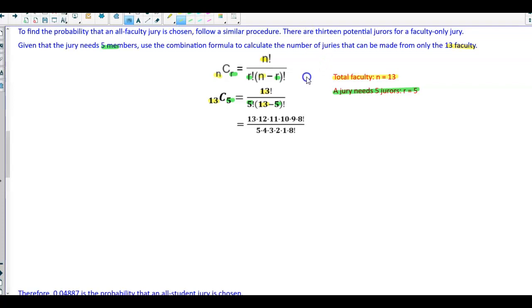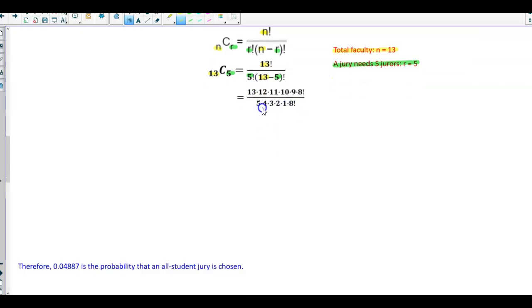Okay, so we have 13 times 12 times 11 times 10 times 9 times 8. The reason we stop there is because 13 minus 5 is 8, so we can simplify that. Then we expand the 5 factorial to be 5 times 4 times 3 times 2 times 1. Now let's do our simplification.